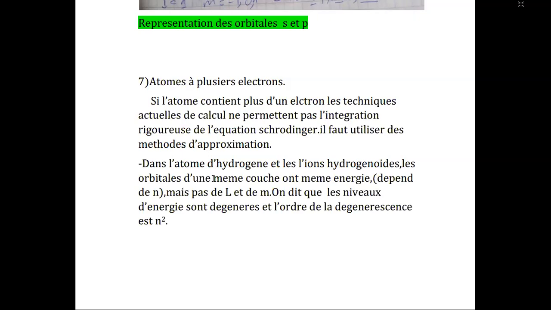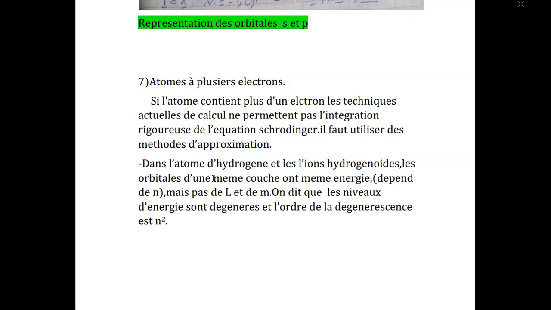So that's basically the energy level. Degenerate means they are constant, they are the same since they are in the same orbital, and you use this formula, the order of degeneracy, n to the power 2. So that's the formula for a hydrogenide.